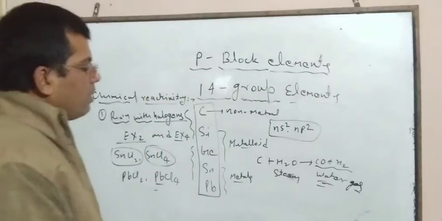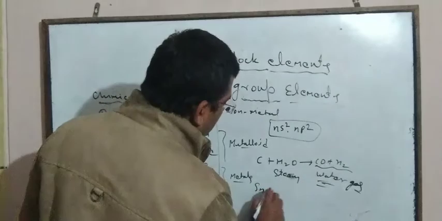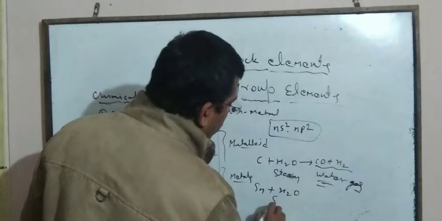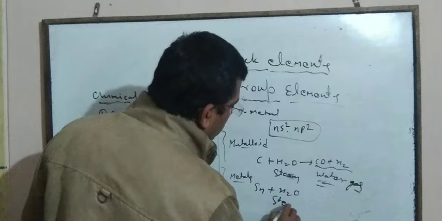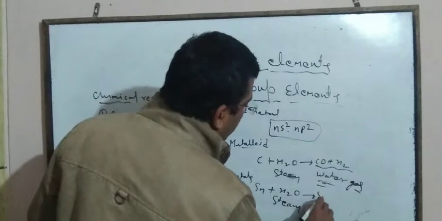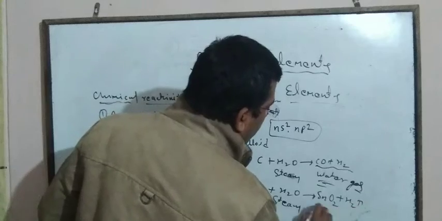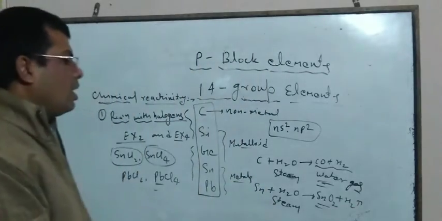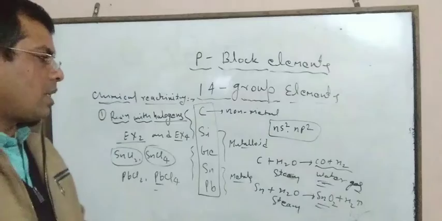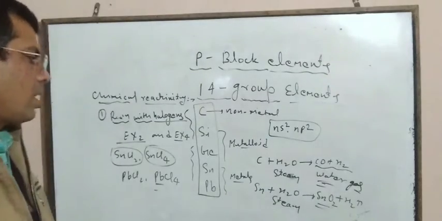Similarly, tin also reacts with hot water, steam and forms SnO2 plus H2. Tin reacts with steam to form tin oxide, SnO2, with releasing hydrogen gas.